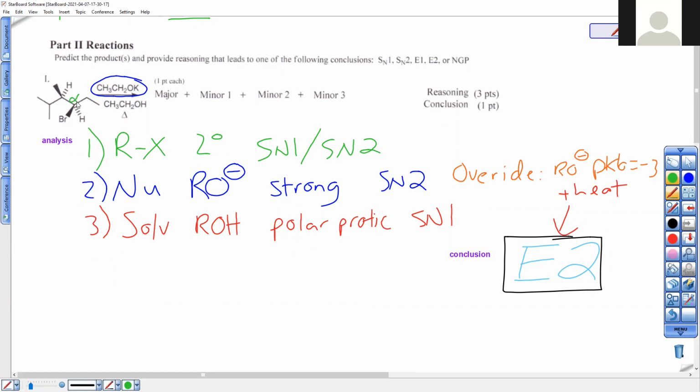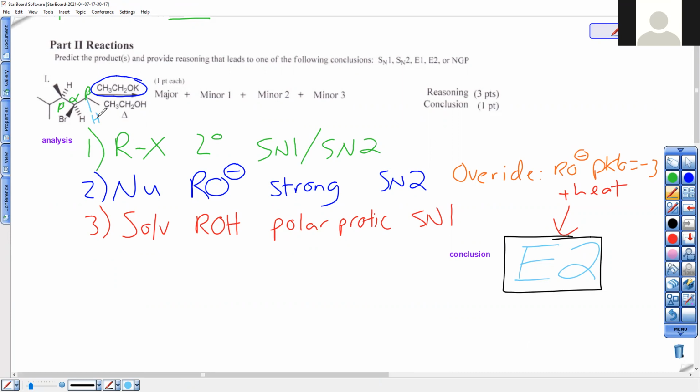Beta is any carbon that moves 1 away from that. Not 2 away, just 1. Beta carbons have to have an H for elimination to happen. And yes, both of those beta carbons have H's. One of them is actually drawn for you, and the other is now drawn here.